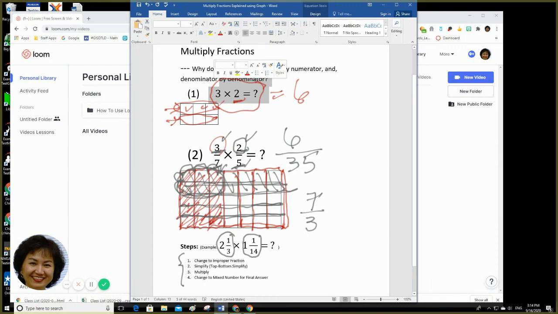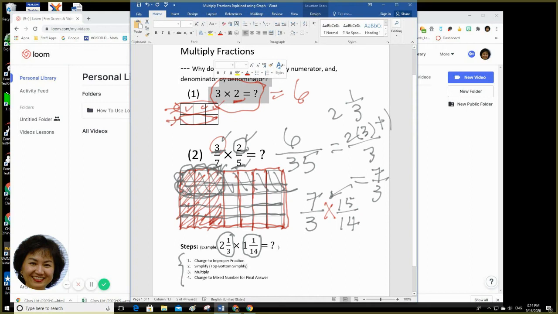You can see it from here. 2 1/3 means 2 times 3 plus 1 on top and over 3 at the bottom. So that's how 7/3 comes from. And 1 1/14 will become 15/14. Now we'll multiply them together.